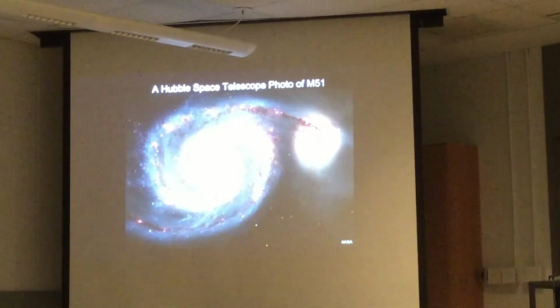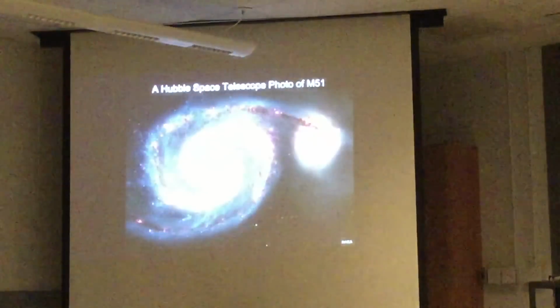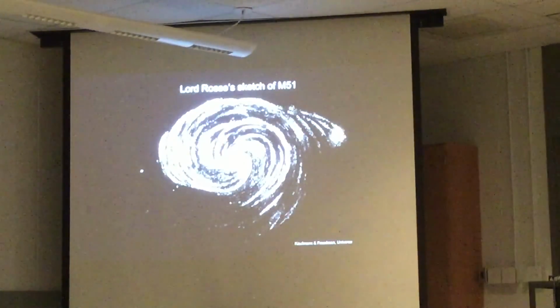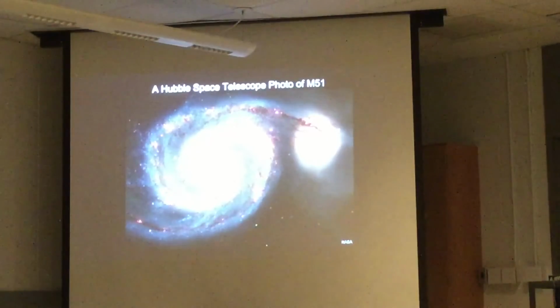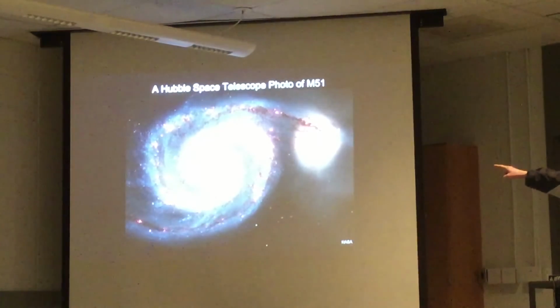Here's a Hubble Space Telescope photograph of that same galaxy, M51, where you can very clearly see the spiral structure. I don't know if they have the same orientation. They're pretty close to the same orientation. You're talking about the big thing on the right there?